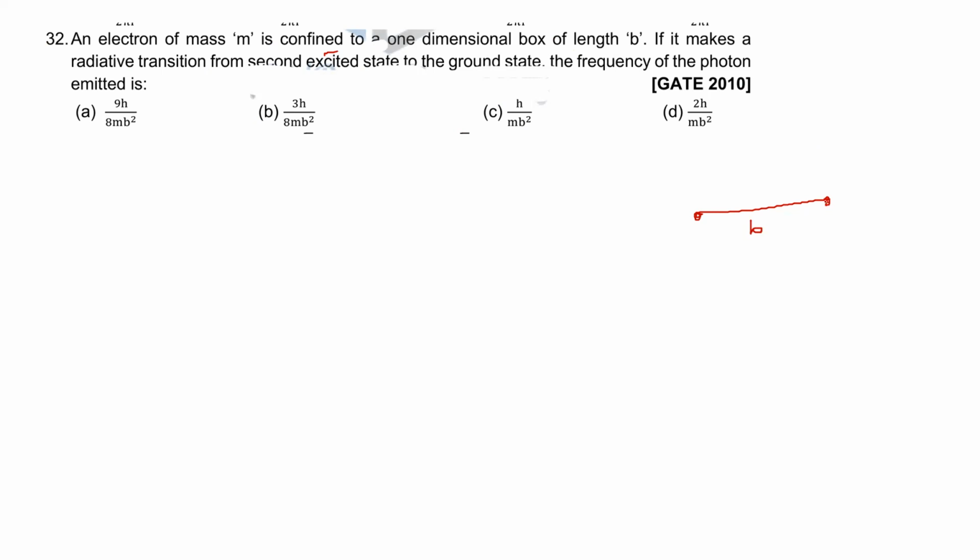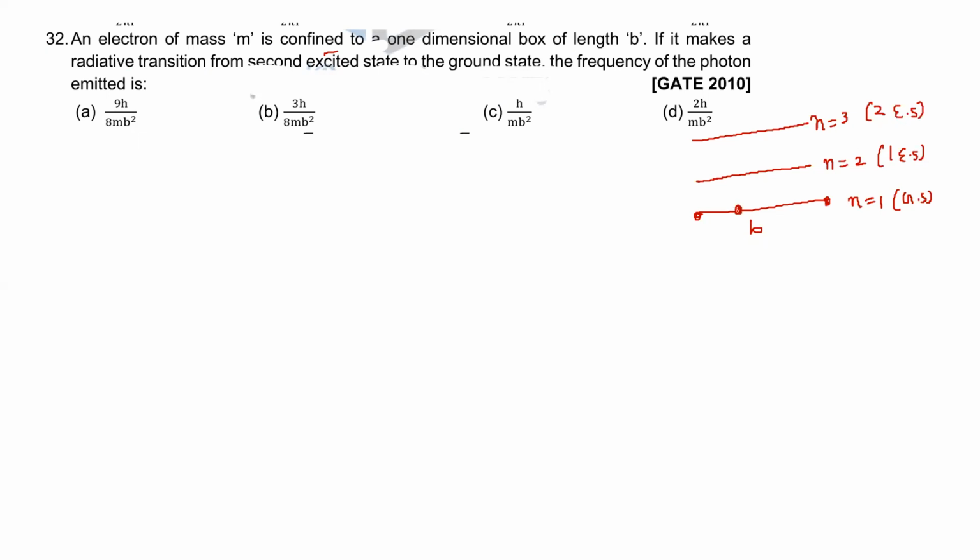Let's suppose this is the ground state, this is the first excited state, and this is the second excited state. You know, the ground state corresponds to n equals 1, the first excited state corresponds to n equals 2, and the second excited state corresponds to n equals 3.